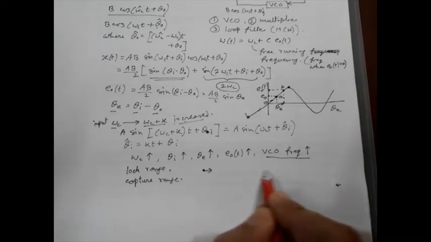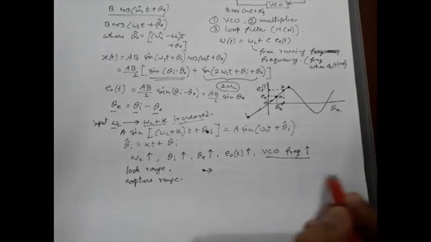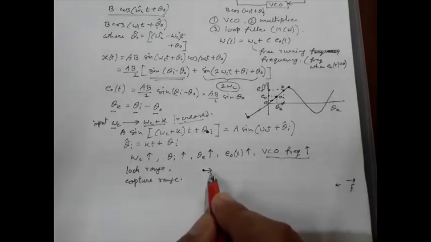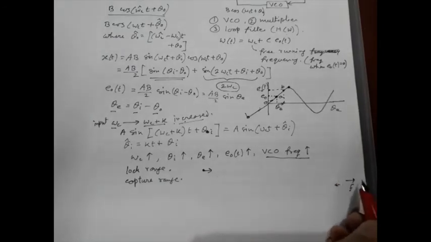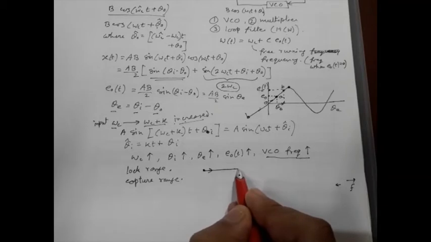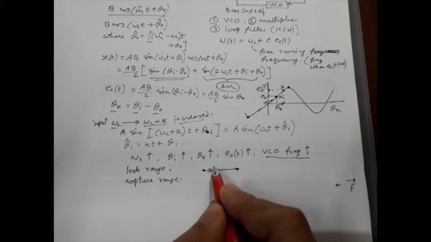That means it is moving in the positive direction. High frequency, this is the frequency, so the frequency is in this direction. First of all, up to this point it is unlocked.